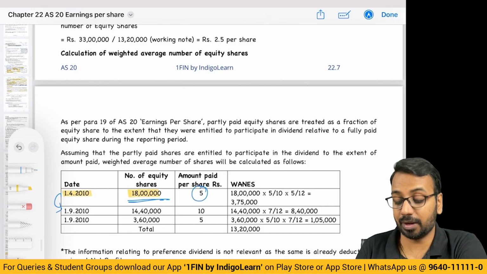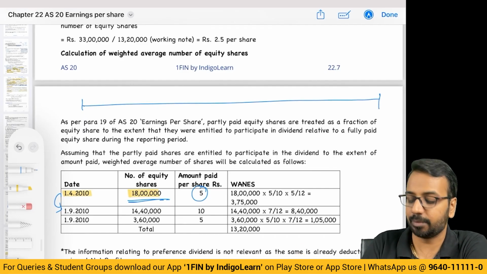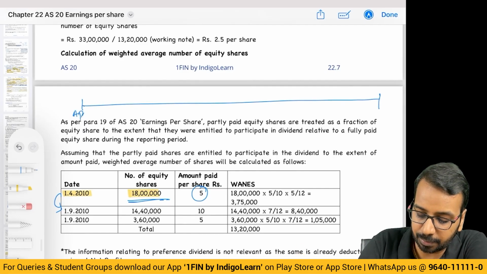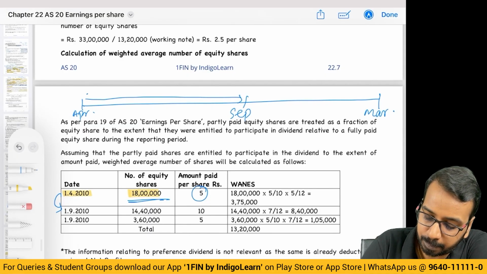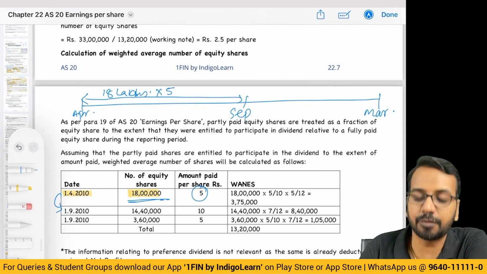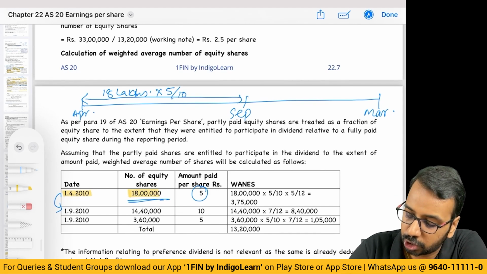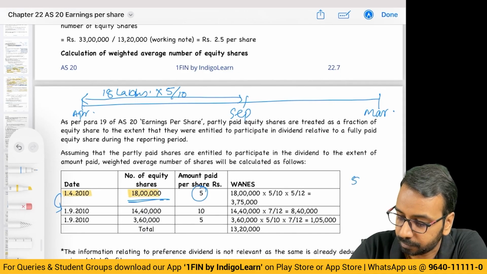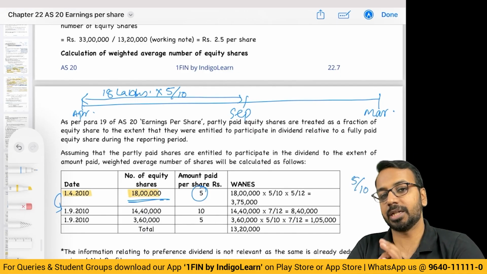So if I draw a timeline, please pay attention. April, September, March. From April to September, number of shares outstanding is 18 lakhs, but this is only 5 paid. That means we have received only 50%. So what you will do, you will apply the weightage 5 by 10 when you calculate weighted average number of shares outstanding.